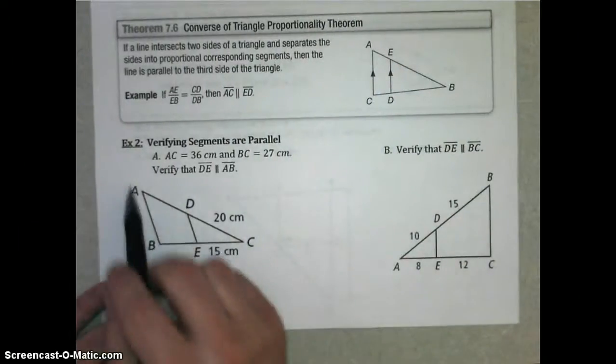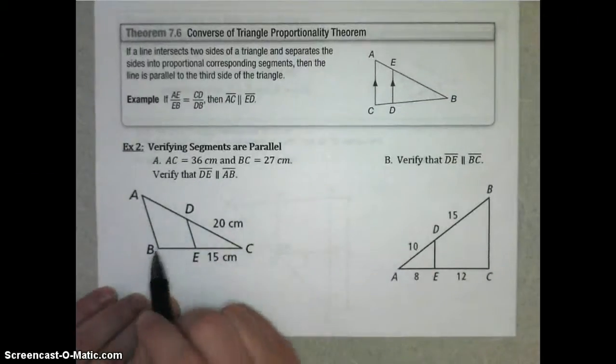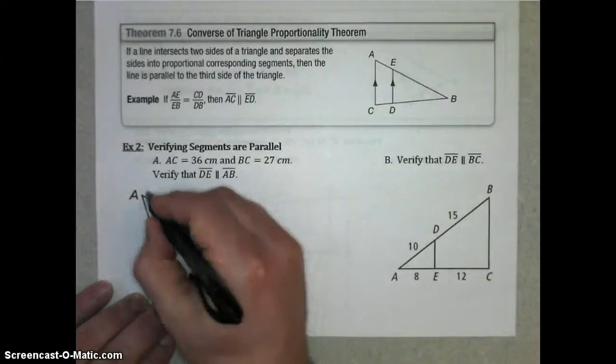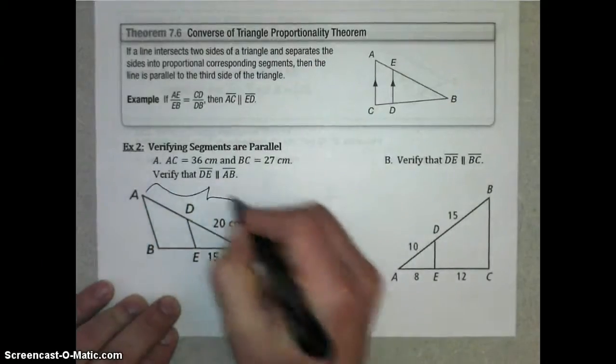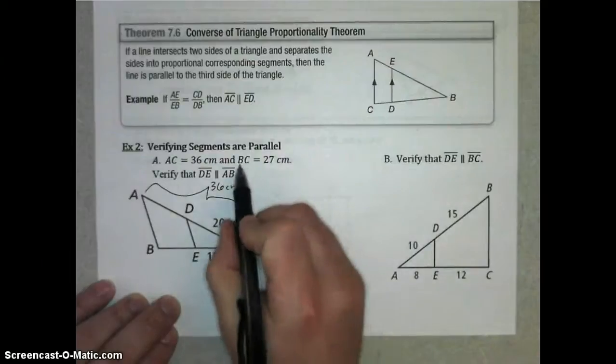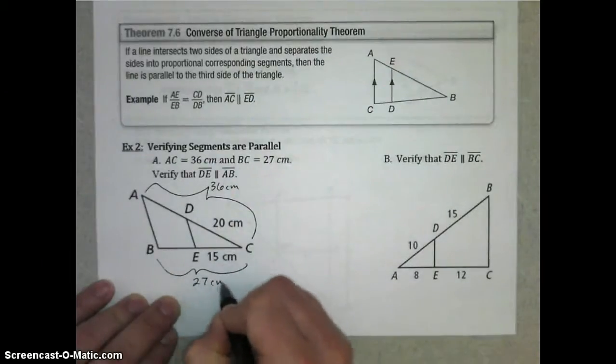So here's what we have in example 2. We're verifying that these segments are in fact parallel. So here's what we need to say. We know that AC is 36, however you want to express that, and BC is 27 centimeters.